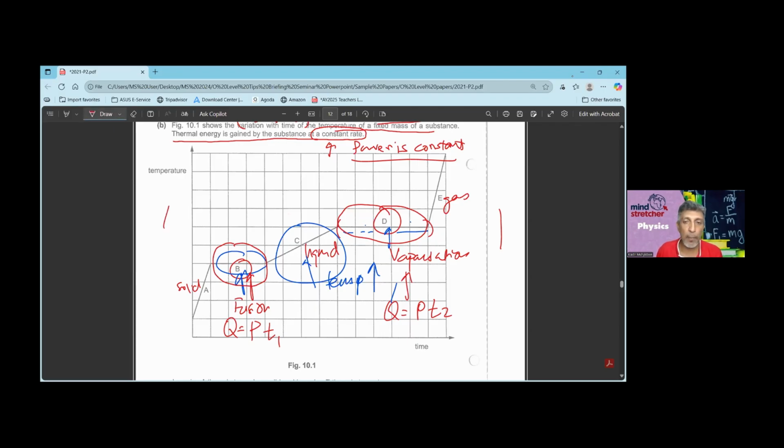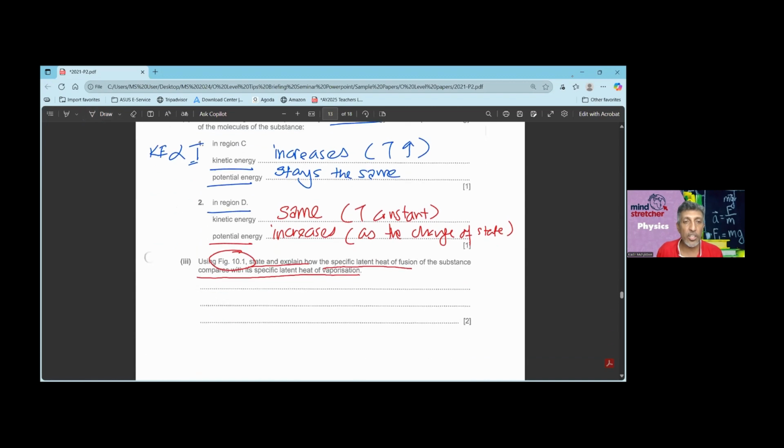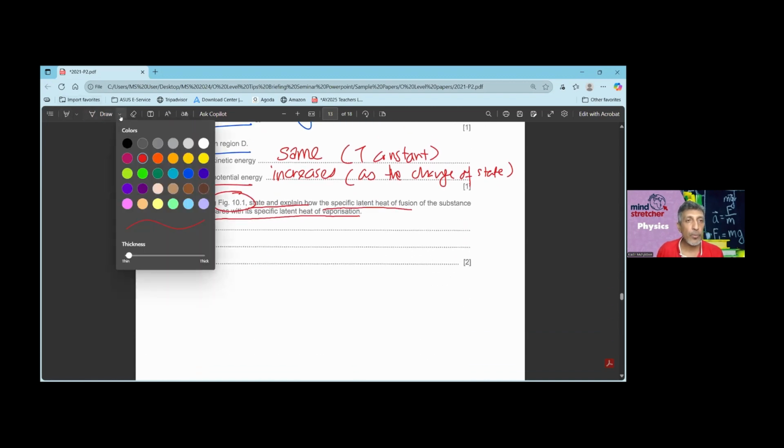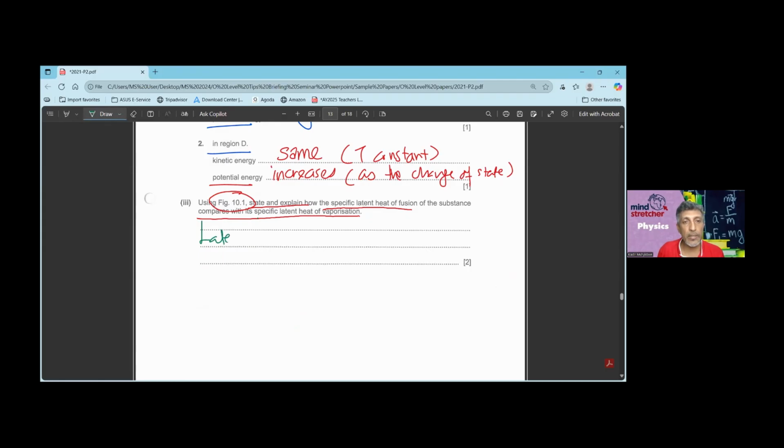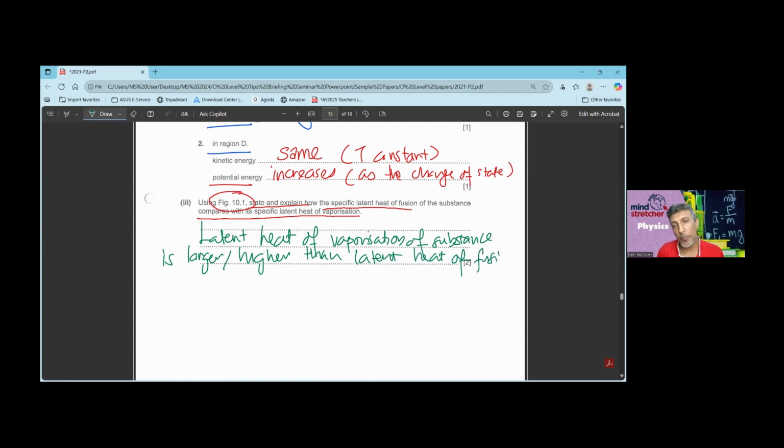So that means the specific latent heat of vaporization of the substance is larger than the latent heat of fusion.